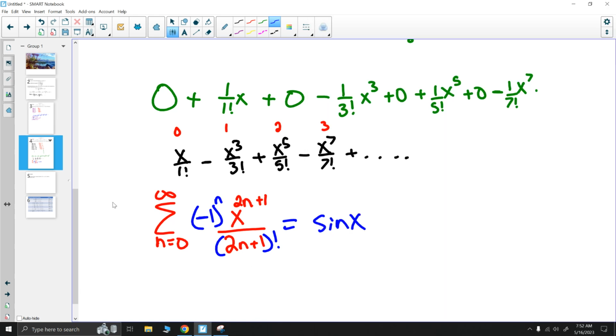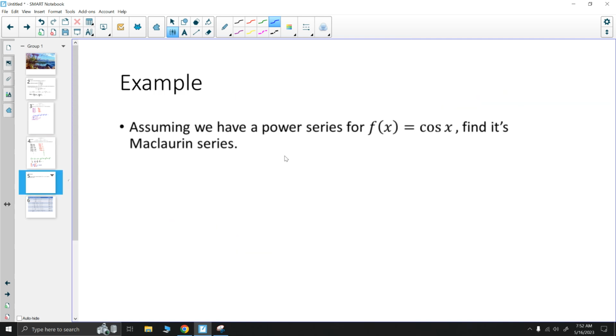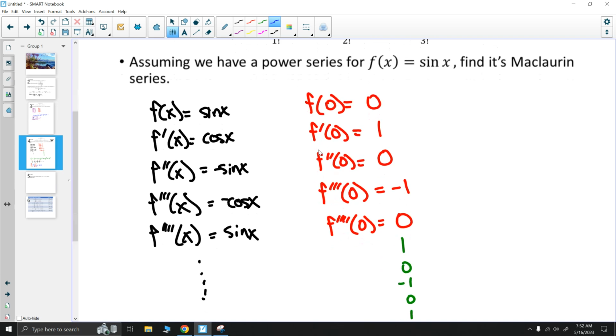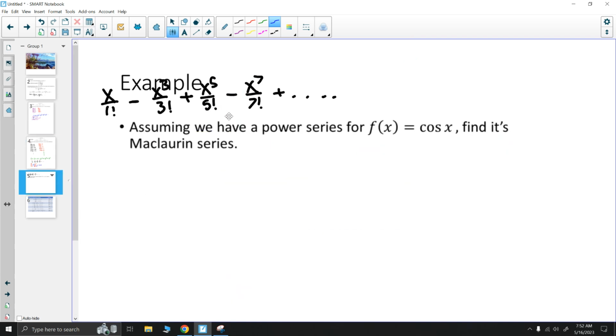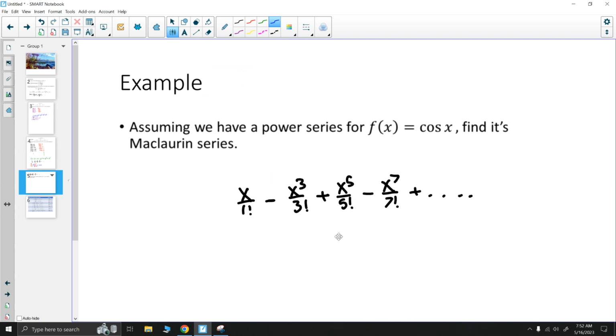Okay, now let's do one more, and let's talk about cosine. So, assuming again we have a power series for f of x equals cosine, let's find its Maclaurin series. Now, we can do the same thing we did on the previous ones, but we can also use a little bit of logic here. If we think about this thing, this is sine x, right?